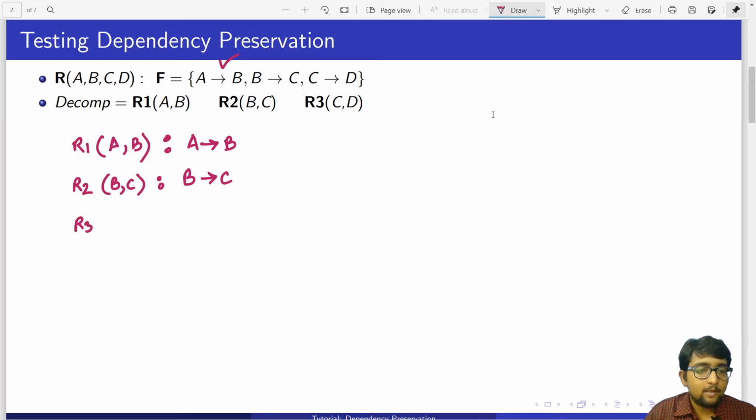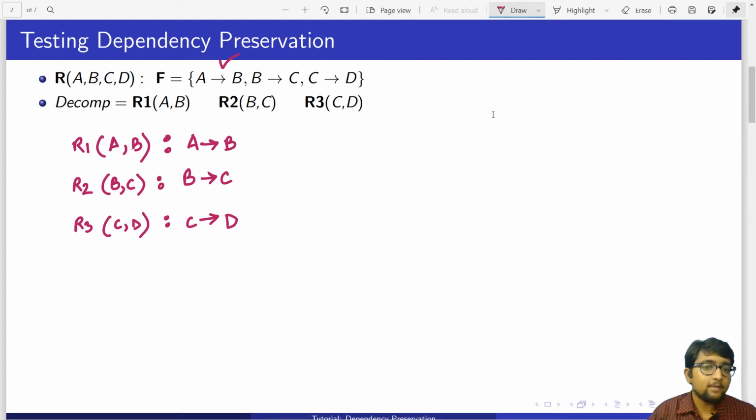Similarly, on R3 the only functional dependency applicable is C goes to D. The other functional dependencies involve A and B, and R3 does not have A and B, therefore we cannot use them.